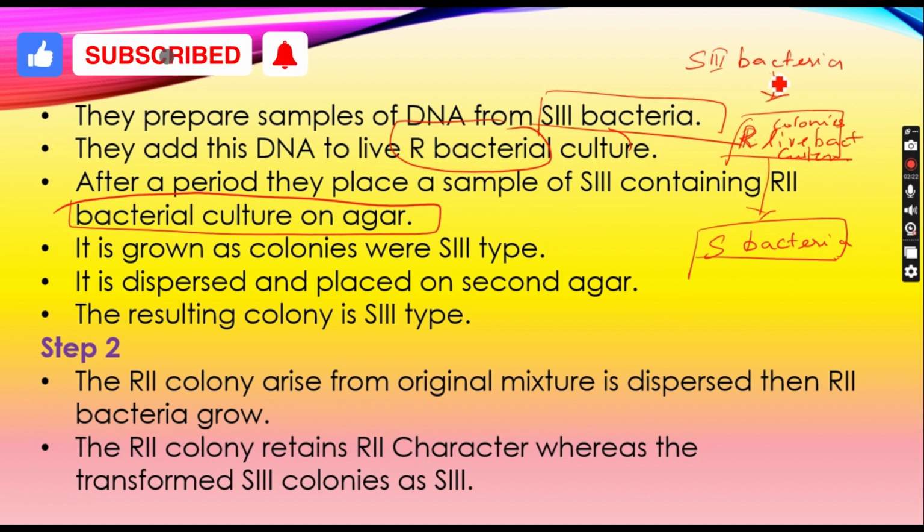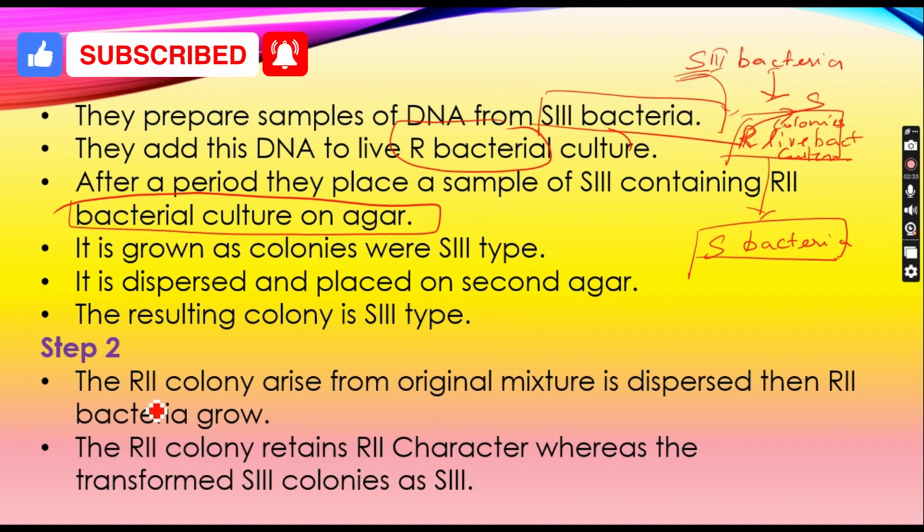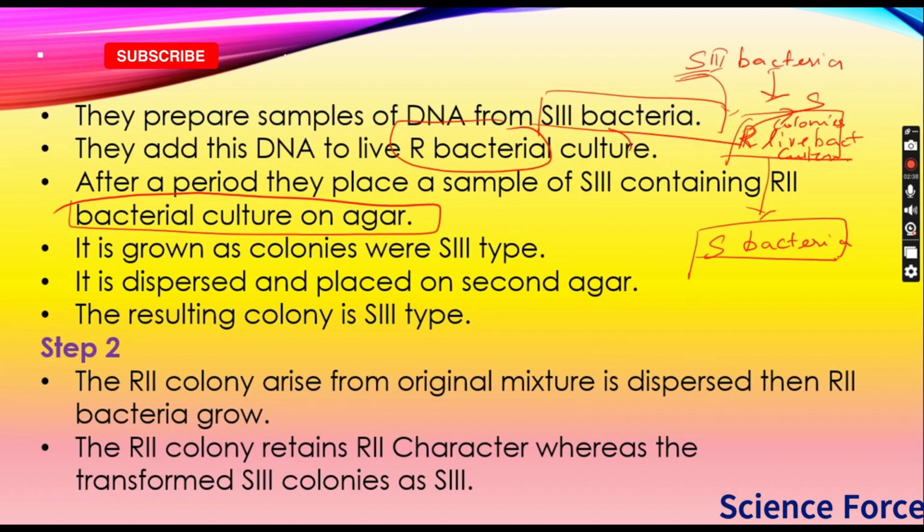Here we can find that the smooth strain bacteria convert the rough strain bacteria also into smooth strain. So the R2 colonies arising from the original mixture are also taken off and grown separately.